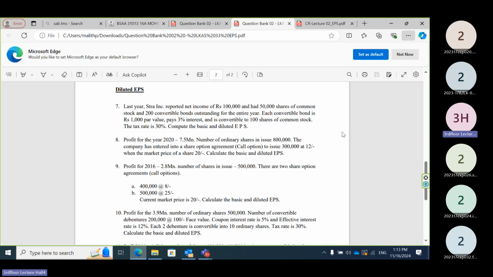Then we have a convertible right for these bonds, right? 200 bonds, 100,000 par value, pays 3% interest, and is convertible to 100 shares. So definitely once you are calculating diluted EPS, your denominator will add 100 shares.